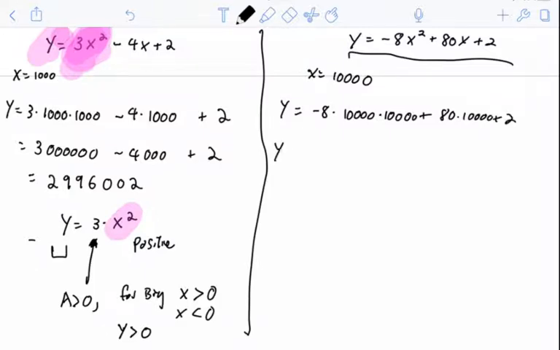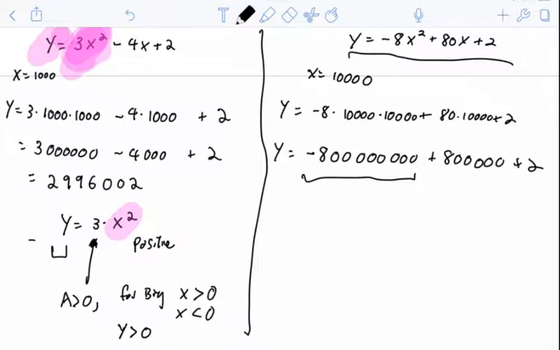The first term is minus 800 million. The second term is 800,000, sorry, which is a big number, but way smaller than 800 million. And that 2 doesn't even make a ding, right? And so for large x, the value of y is going to be a large negative number because of that coefficient there.